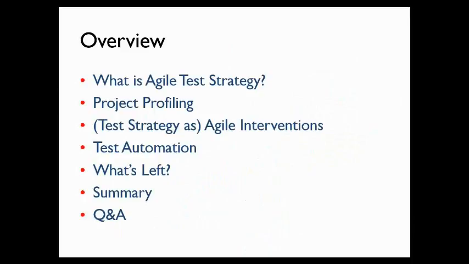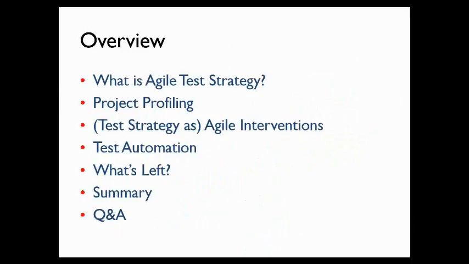The other way I'd like to introduce the way of thinking about strategy in Agile projects is to regard the Agile test activities as interventions. And this is kind of helpful if you think about it in Agile, because unlike waterfall projects, it's not like you have test stages that are very strict in terms of entry and exit criteria and the behaviors that flow from that.